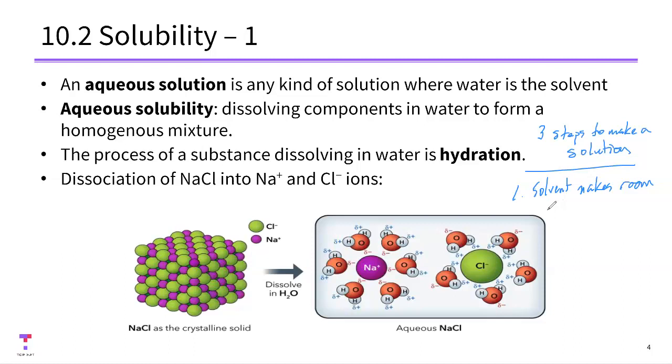So when we think about liquids, we know that those liquids are all kind of on top of each other. Every molecule is touching several other molecules. So the first thing that happens is that we have to create room for the solute. So the solvent starts to break apart, starts to add space in between itself.